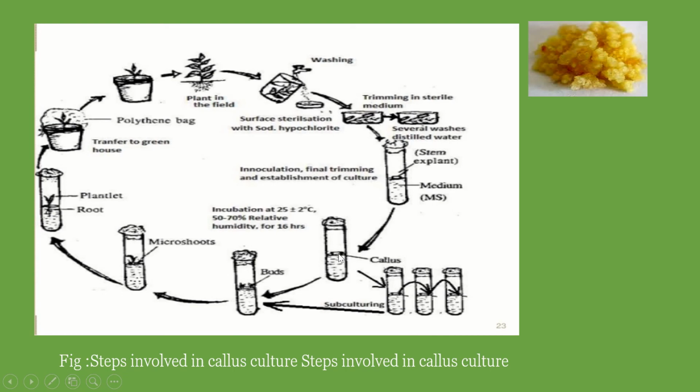There is a production of callus, and then it is transferred to the medium for further growth. It may be for the callus, or for further growth in the form of a plant. Here they are transferred to another medium which will give the microshoots. Then it will grow in the form of a plant which can be potted in a pot. So these are the different steps involved in callus culture.